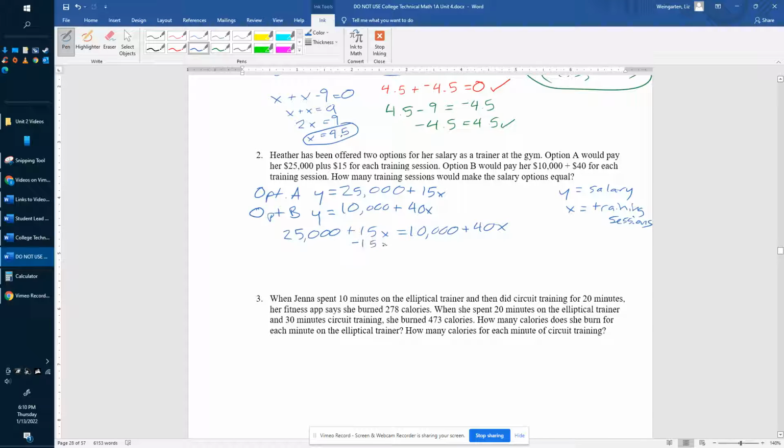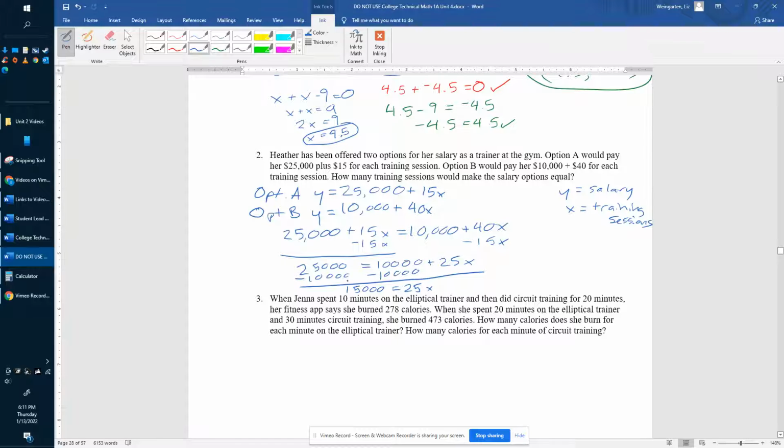Subtract 15x from both sides, and we get 25,000 equals 10,000 plus 25x. Subtract 10,000 from both sides, and we get 15,000 equals 25x.